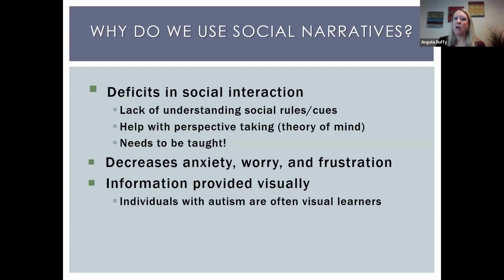Well, you're not supposed to cut in front of the line, you have to wait in line, right? It could be interrupting, like not interrupting somebody while they're talking. That's really important in the classroom, right? The importance of raising your hand and waiting. These are all things that these social narratives can really help with.